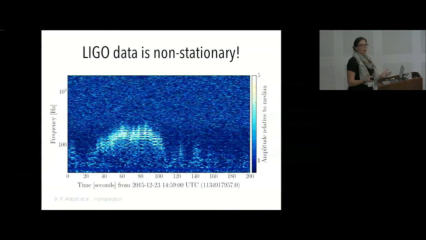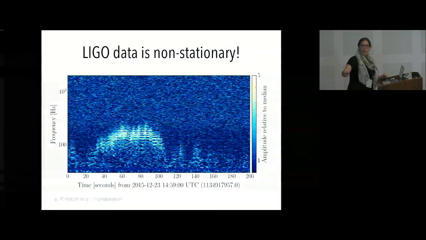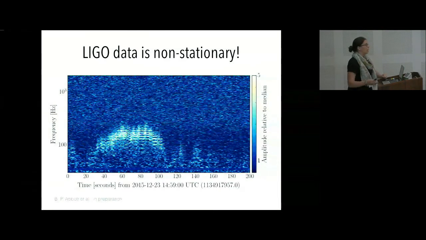So as has been mentioned, LIGO data is non-stationary, including over relatively short time scales that we use to estimate our power spectral density to do these analyses. So this is an example that Gayatri and I were actually just looking at. This is from the first observing run in the LIGO-Livingston detector, but we also do see it in the second run. So this is time in seconds, and then frequency.